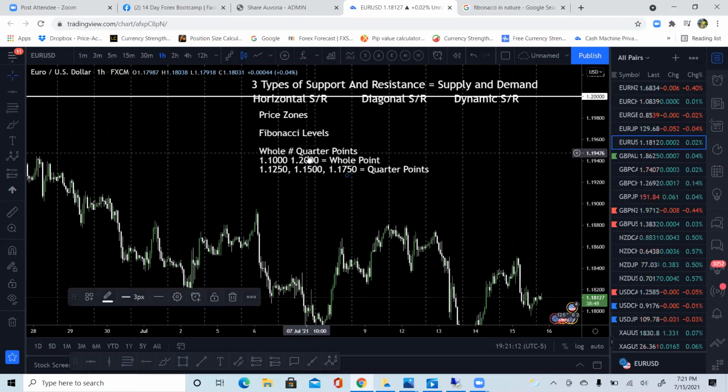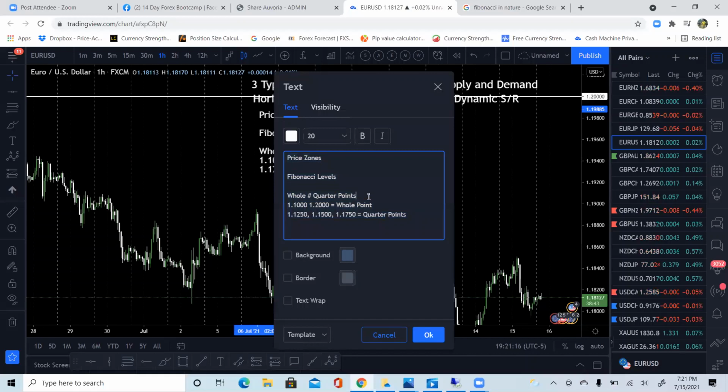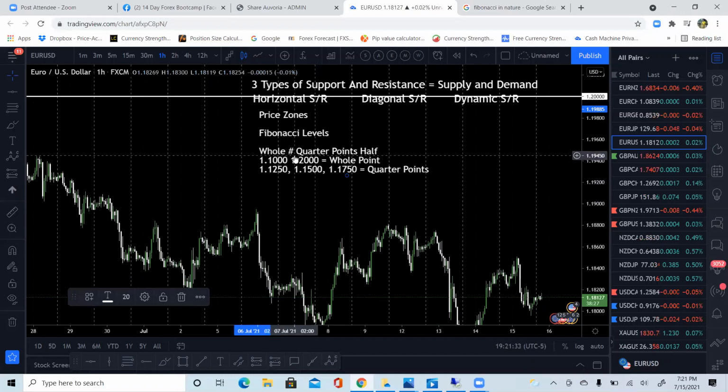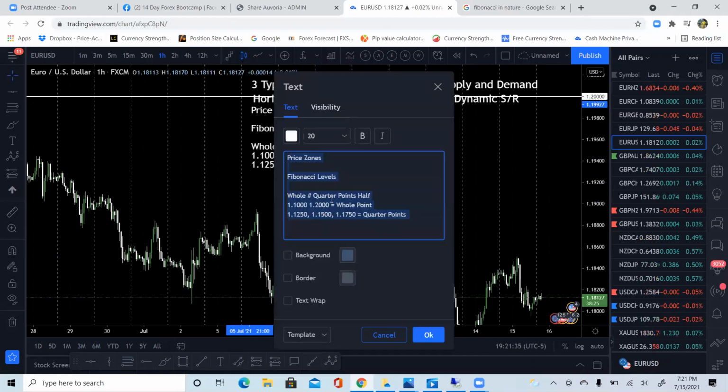So these are what's called your, oh, and then you have your half points. That's what I was missing. Half point. So the half point between 1.1000 and 1.2000 would be 1.1500. But these are what's called, on a quarters theory, your large points, right?